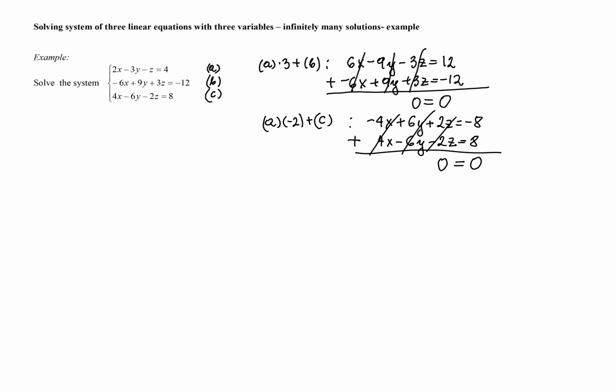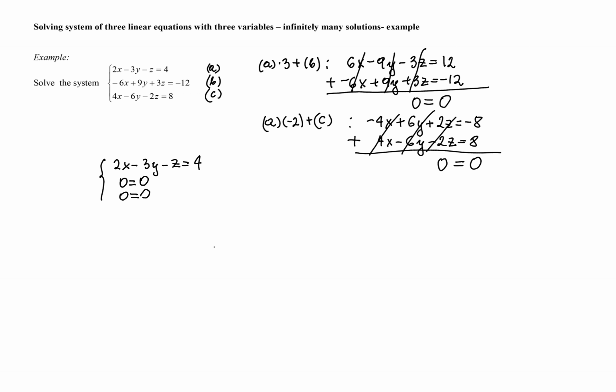So we can rewrite our system as a system of equations: 2x - 3y - z = 4. The second equation reduced to 0 = 0, and the third equation reduced also to 0 = 0.